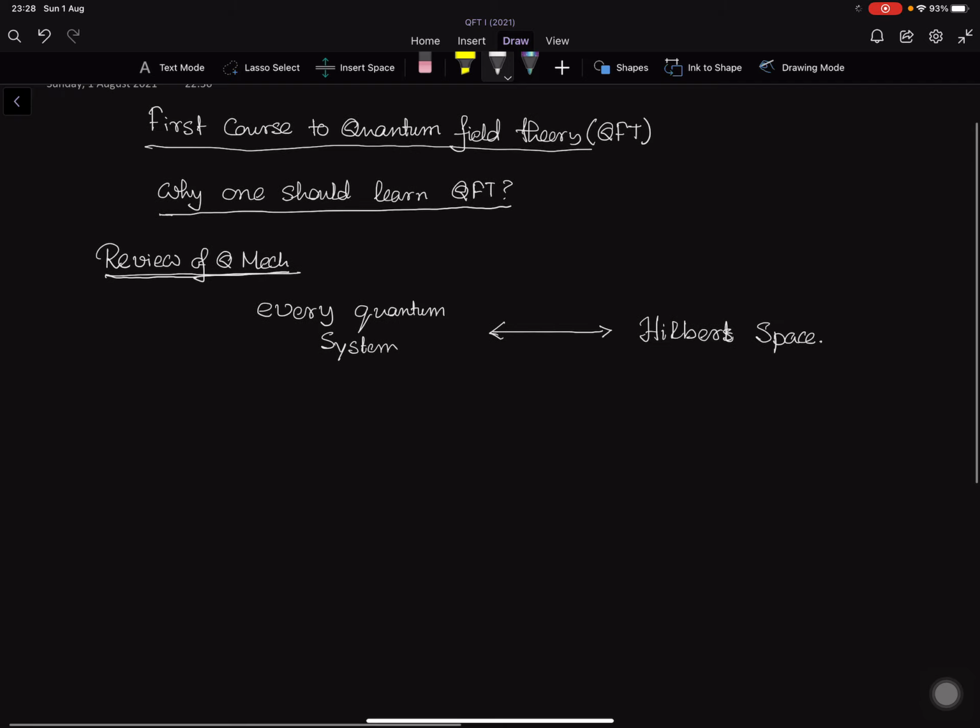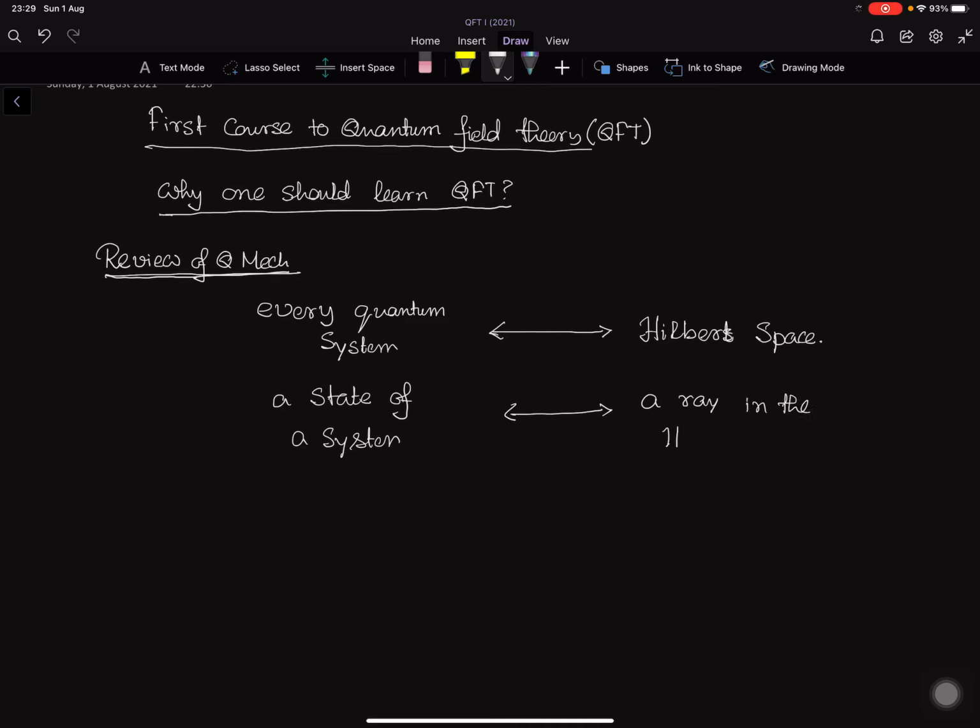A state of a system corresponds to a ray in the Hilbert space. I did not write a vector, I said it's a ray, because we will use Dirac bracket notation.